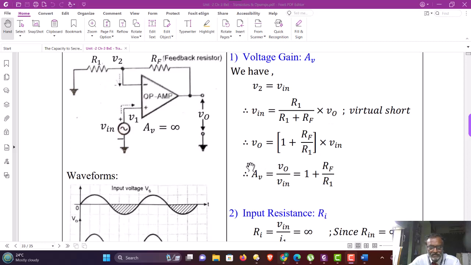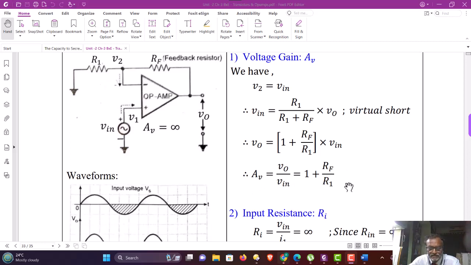Taking VO on the left hand side and other terms on the right hand side, we get VO is equal to 1 plus RF by R1 times Vin. Taking Vin on the left hand side, we get the expression for voltage gain AV of the non-inverting configuration, that is VO by Vin is equal to 1 plus RF by R1.